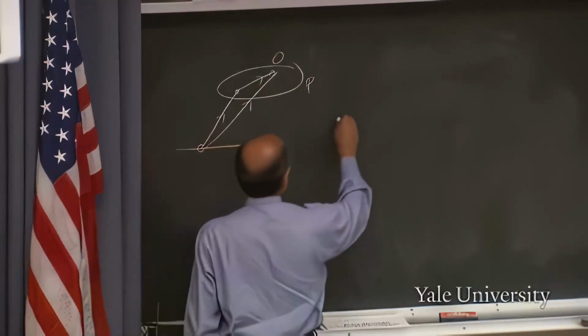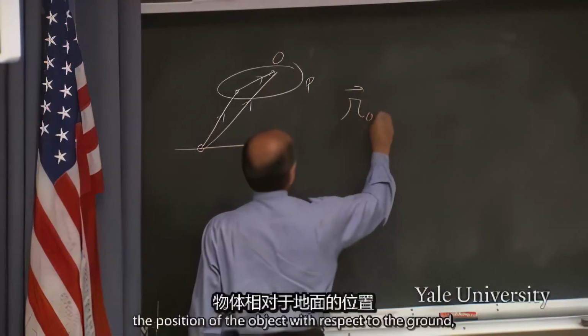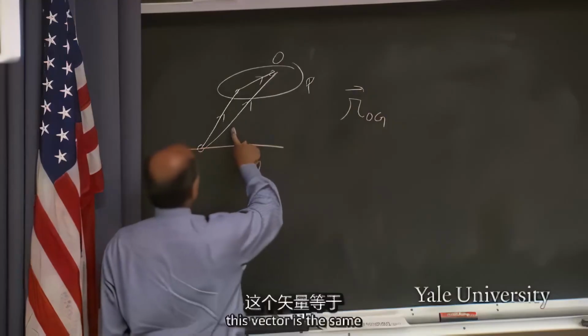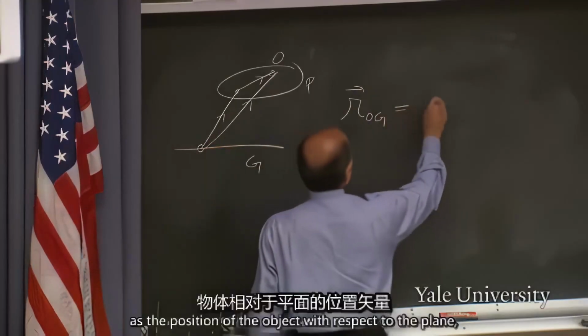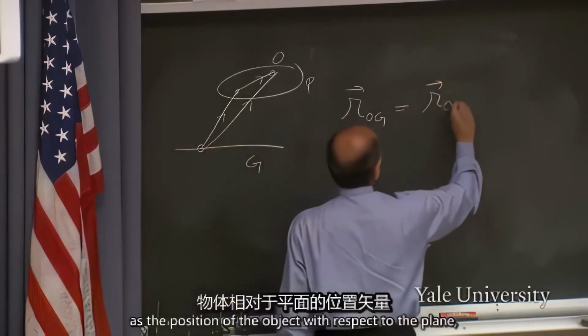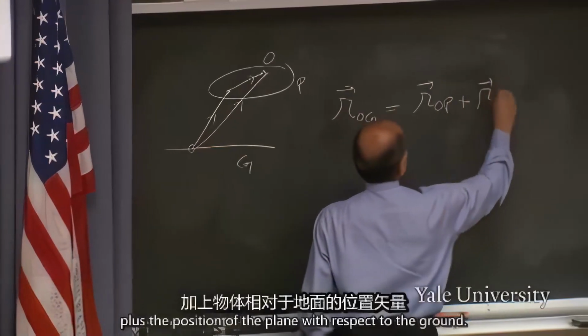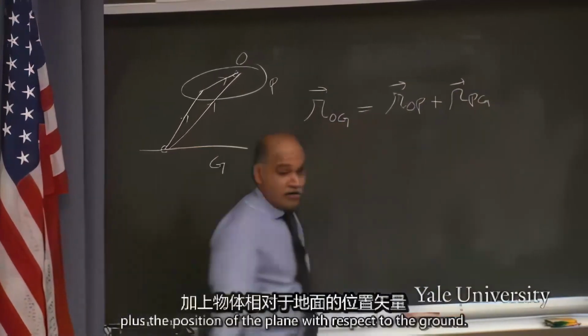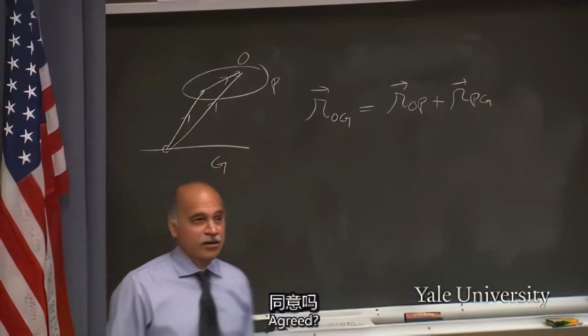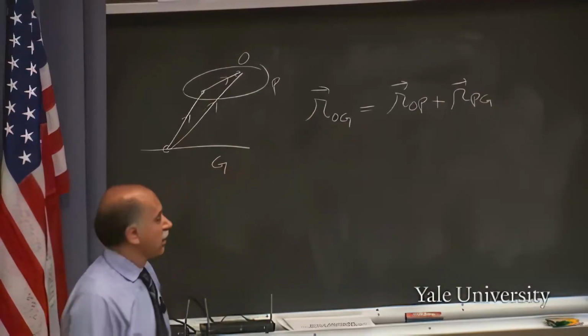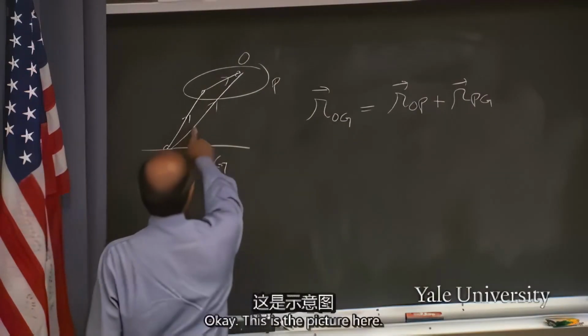I think it's clear the position of the object with respect to the ground, this vector, is the same as the position of the object with respect to the plane plus the position of the plane with respect to the ground. You agree? Okay. This is the picture here.